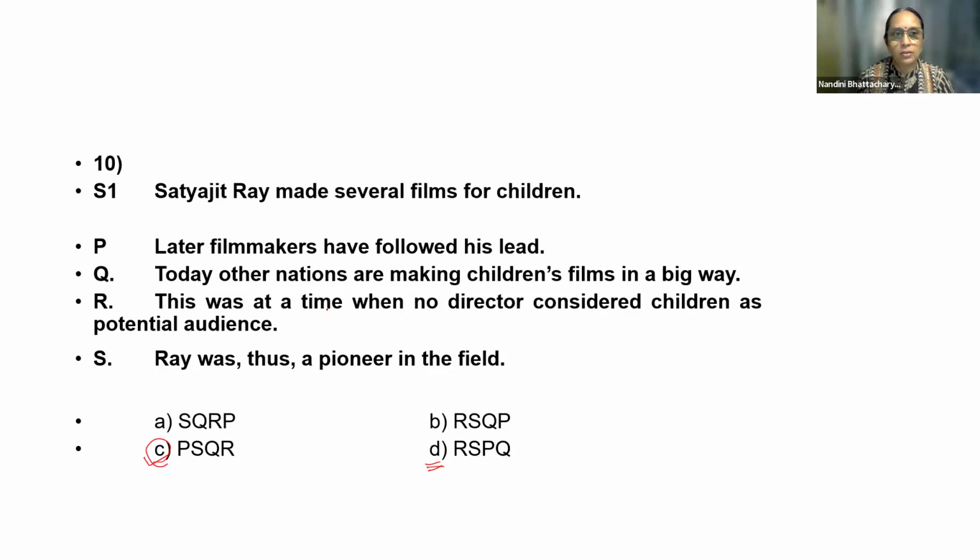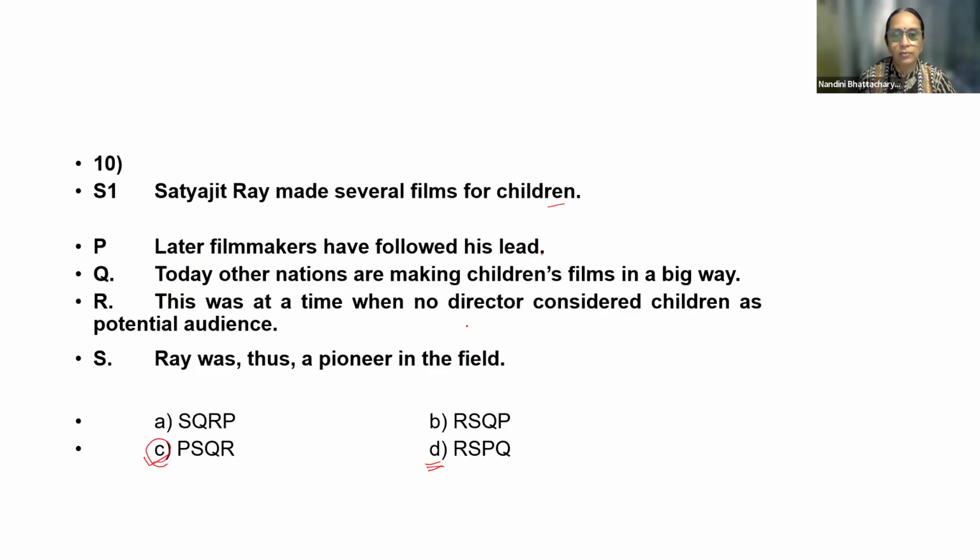It says Satyajit Ray made several films for children. And your options are: Ray was thus a pioneer in this field. Later, filmmakers have followed his lead. Today, other nations are making children's films in a big way.